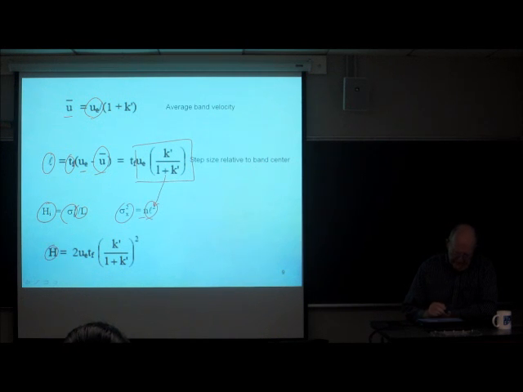So the HETP turns out to be 2 times the velocity in the interstitial space times the time per step forward, times K prime plus 1 per K prime squared.